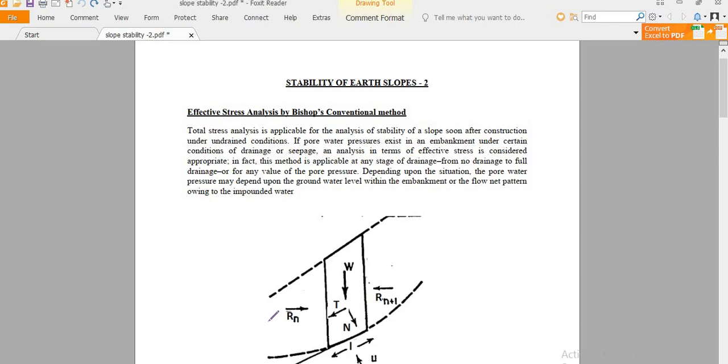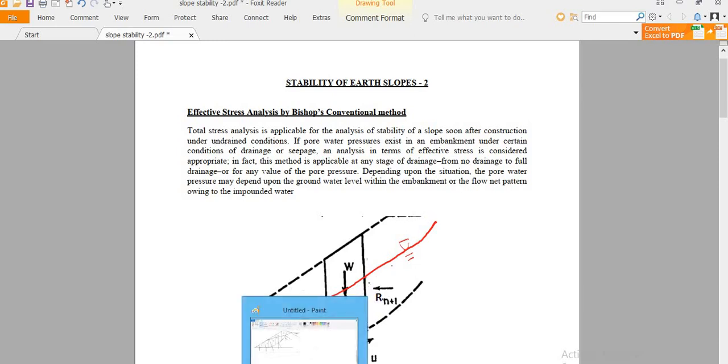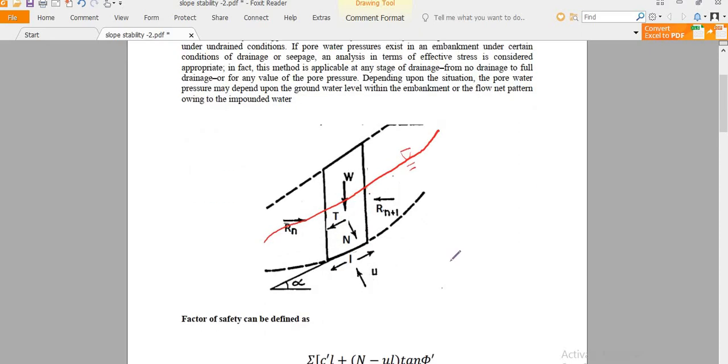For example, here, let's say this is a water flow, or a groundwater table. As a result of this water flow, there will be an effect of pore water pressure at the bottom of the slice.